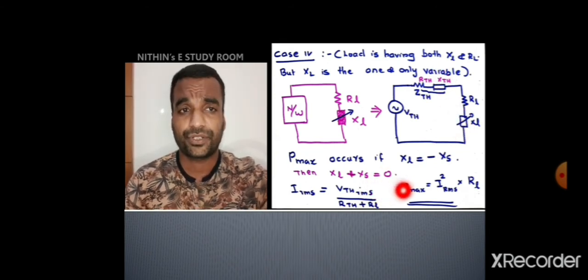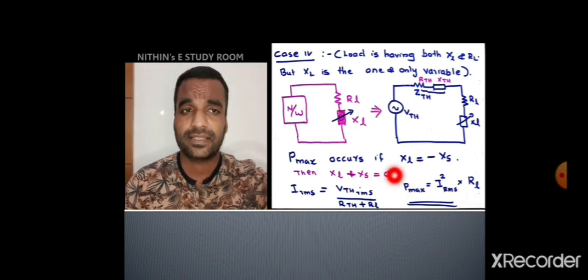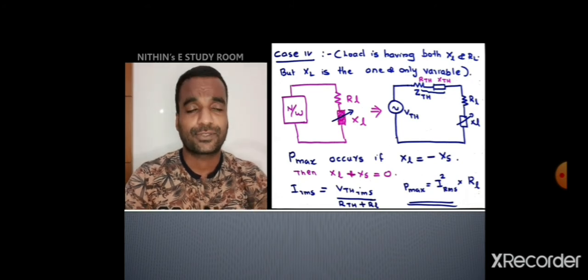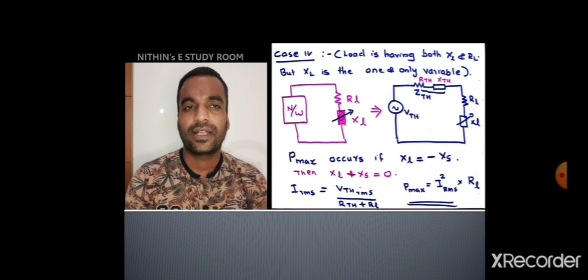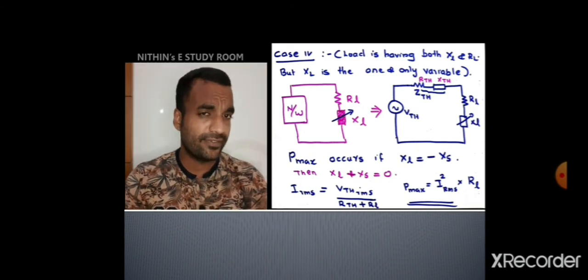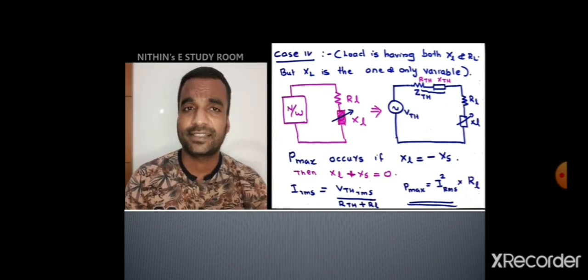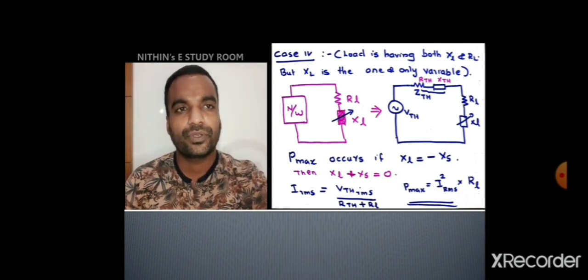So the IRMS equation is equal to V Thevenin RMS by R Thevenin plus RL. So P max is equal to I square RMS into RL. So this is the case that you need to learn by heart: XL is equal to minus X Thevenin in case of a network. In case of a single source, XL is equal to minus XS, the internal reactance. Okay, now we are going to do some more problems.